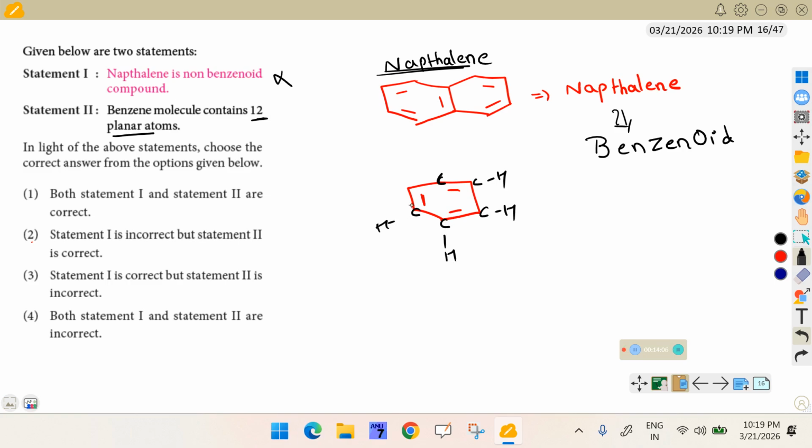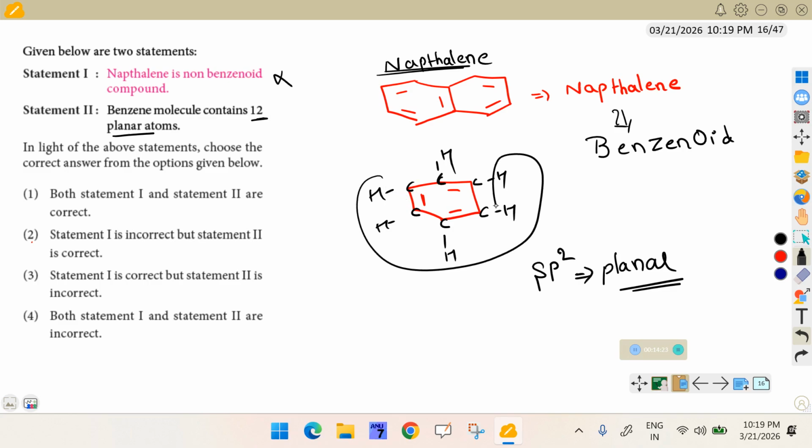Every carbon atom undergoes sp2 hybridization, and sp2 geometry is planar. So 6 hydrogen atoms are planar as well as 6 carbon atoms. 6 hydrogens plus 6 carbons, total 12 atoms. Statement 1 is wrong, statement 2 is correct.